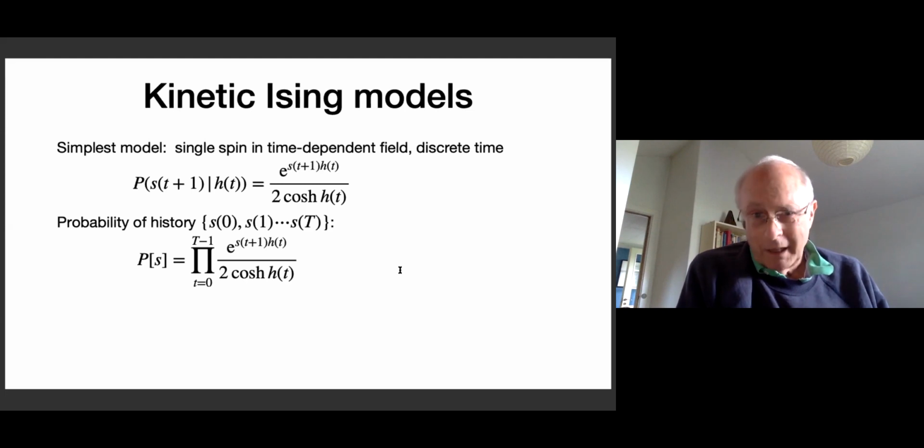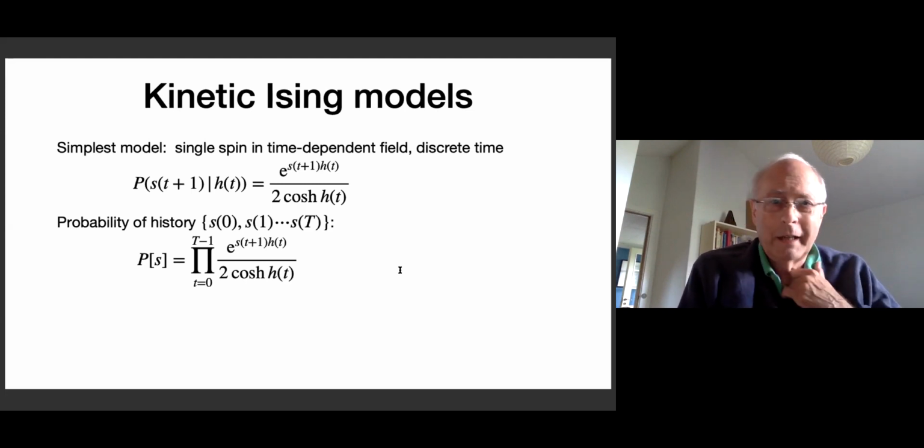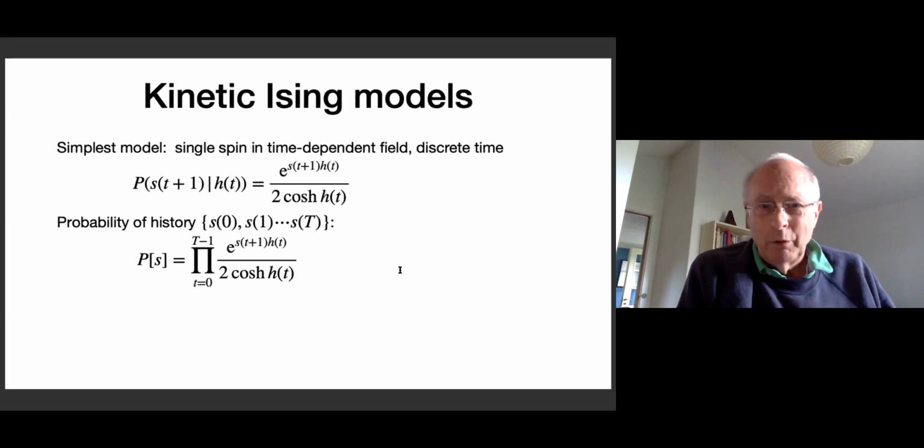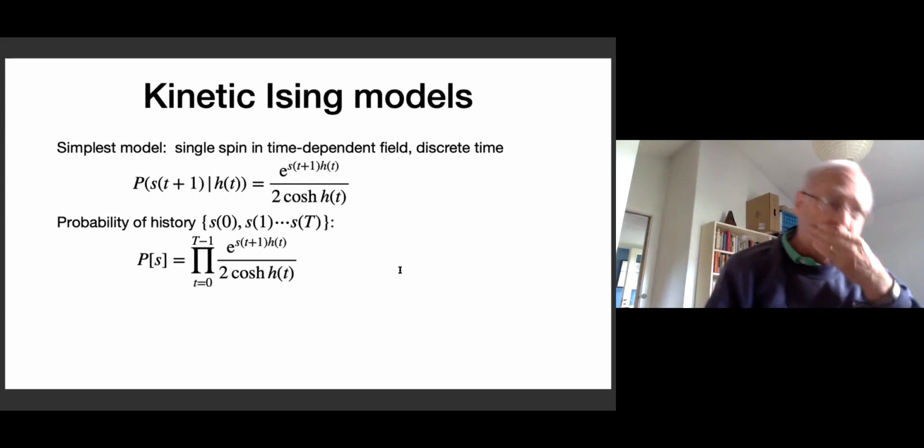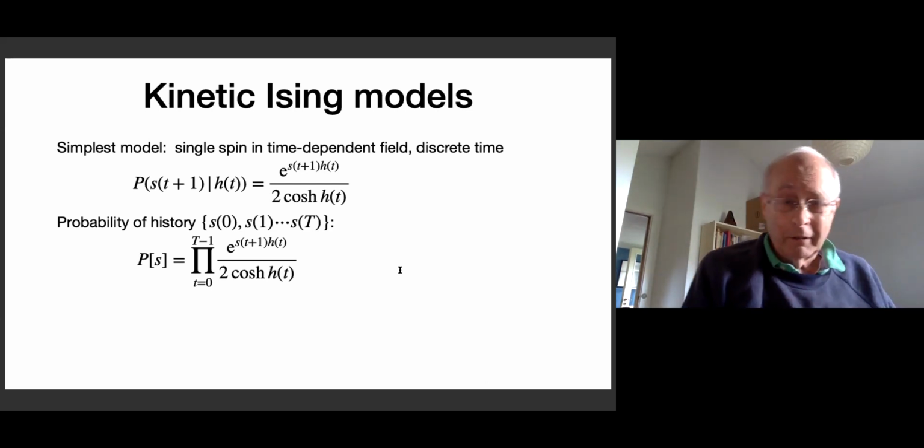And the rule I'm going to give is that at each time step, so this is digital time, it just takes its next value with the Boltzmann probability that it would have for the current external field.